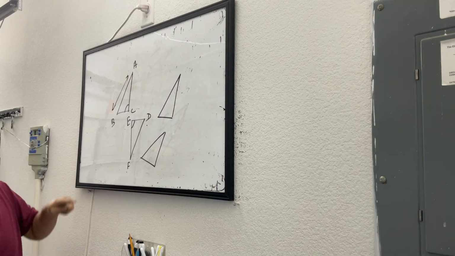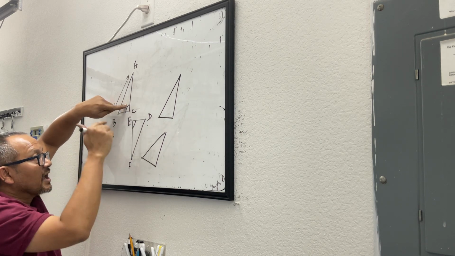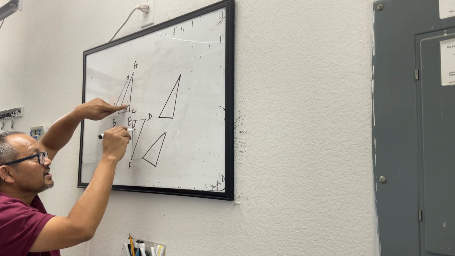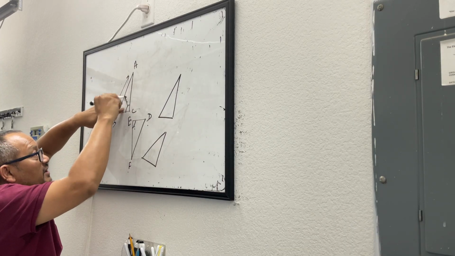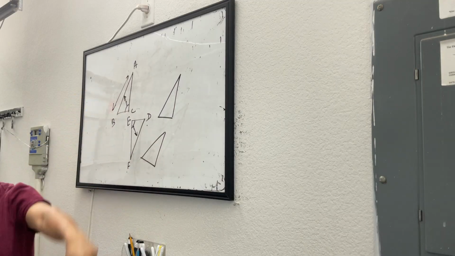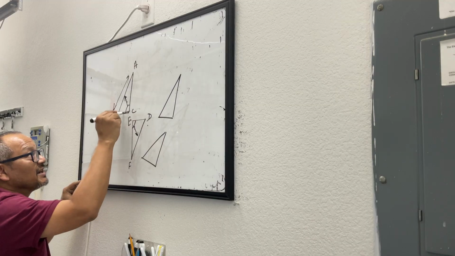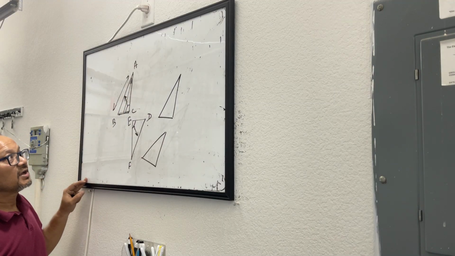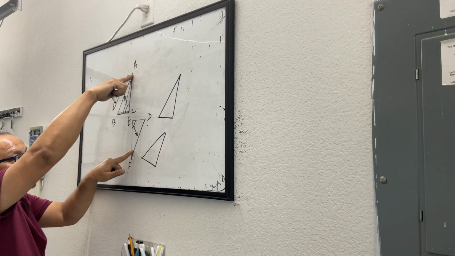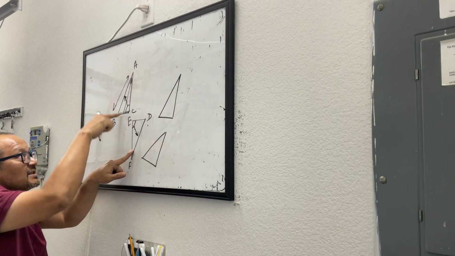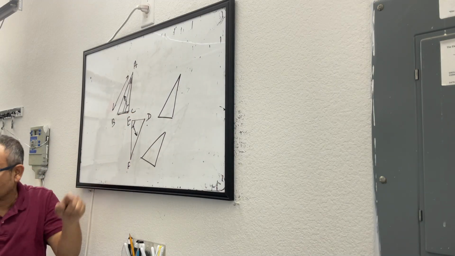If I'm saying these two triangles are similar, this angle and this angle are both 90 degrees. So no matter how much I'm rotating it, the side opposite to that is what will correspond to each other. When I'm talking about similar triangles, these two are matching angles. So I'm always going to reference this side opposite to this angle versus the side opposite to the matching angle. That is how it will be.